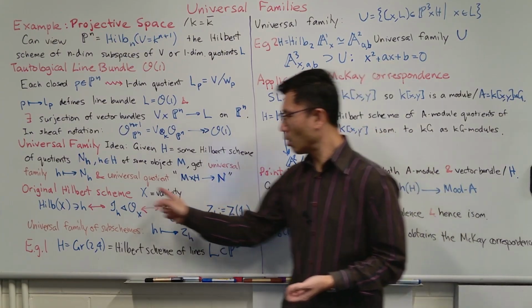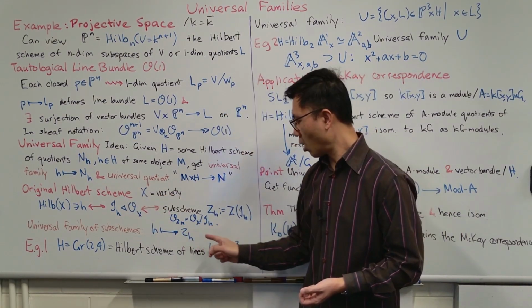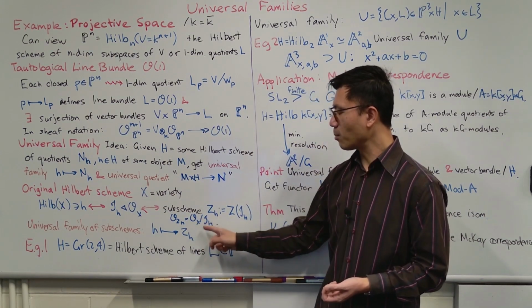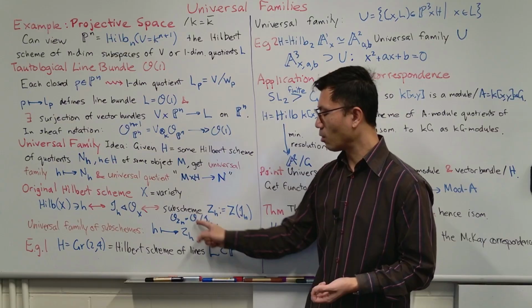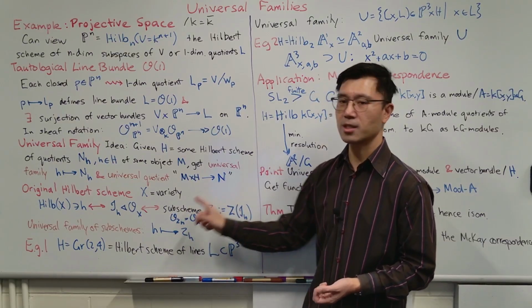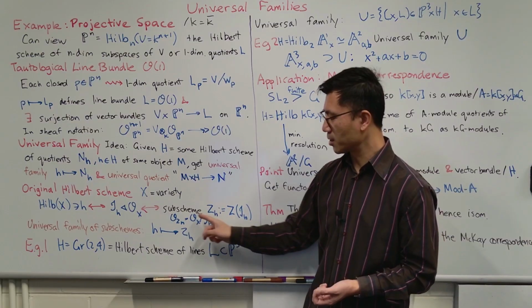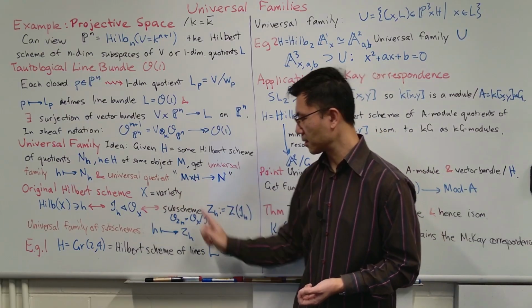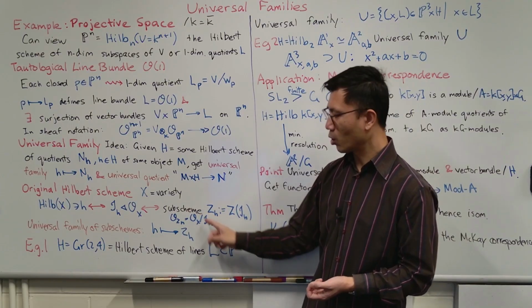So I guess normally you should really look at O_X mod I_h. What's O_X mod I_h? Well, it's actually just the structure sheaf, naturally isomorphic to the structure sheaf of this closed subscheme. And when you write it like this, you also say how it is a closed subscheme of X. So this is quite strongly related to the quotients.